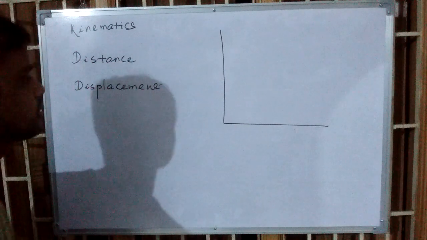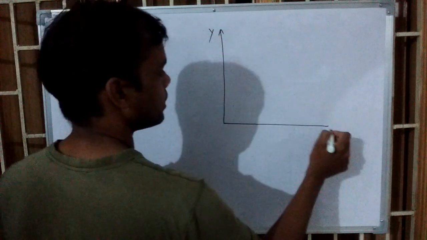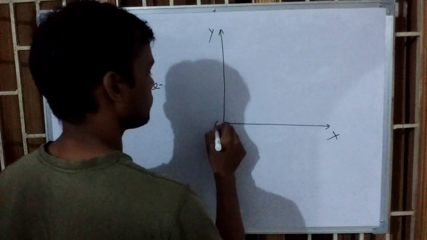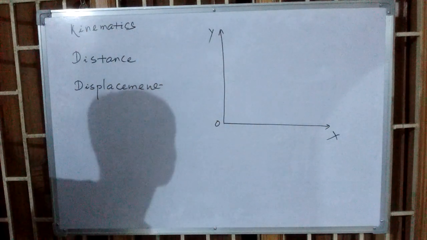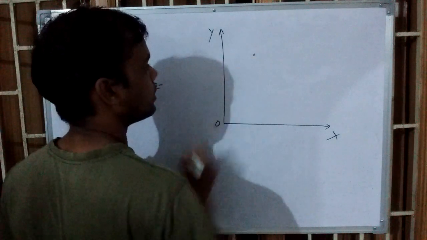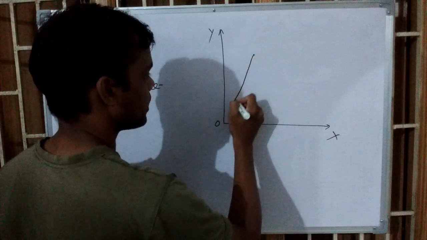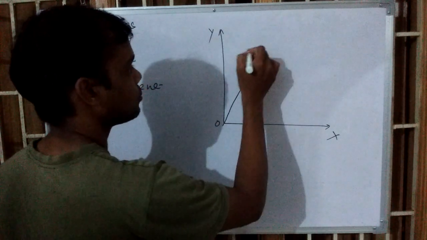This is the coordinate axis, y, x, origin O. Suppose an object is here. Draw a vector from this point to that position.